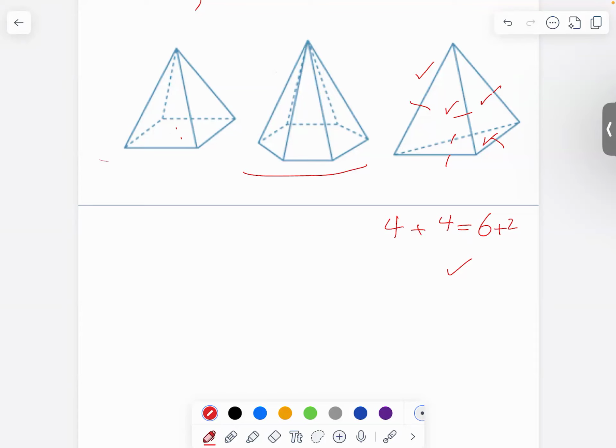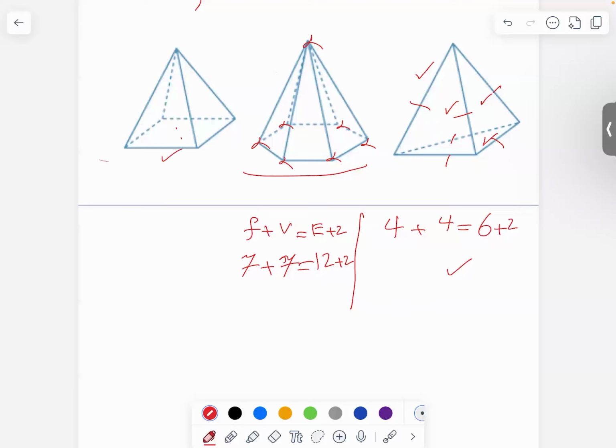So how many faces do you see in the hexagonal pyramid? 7. How many vertices do you see here? 1, 2, 3, 4, 5, 6, 7. How many edges do you see there? 12. Yeah. So 6 on the base and 6 coming from the peak.